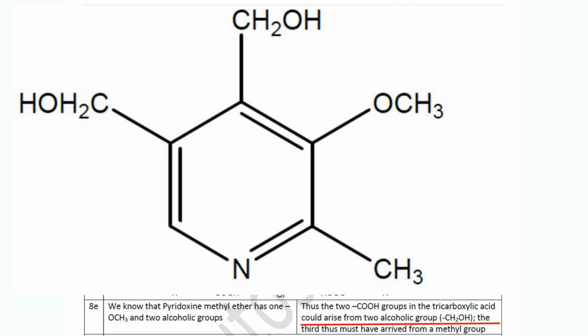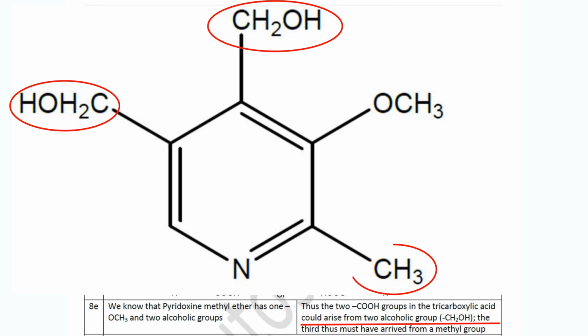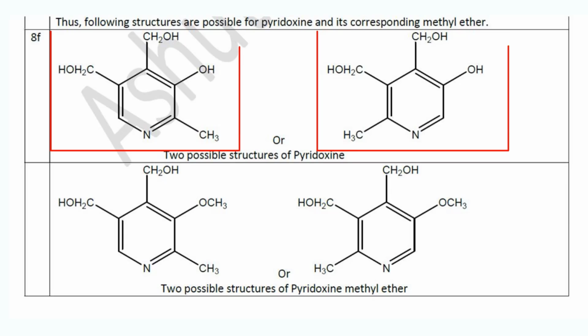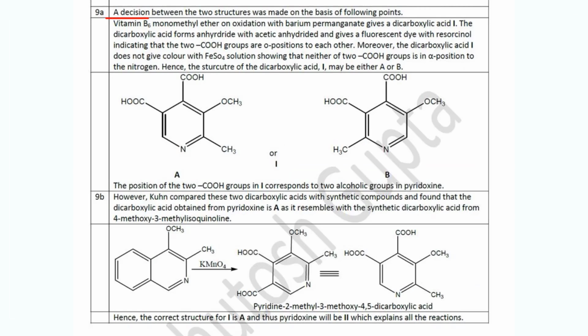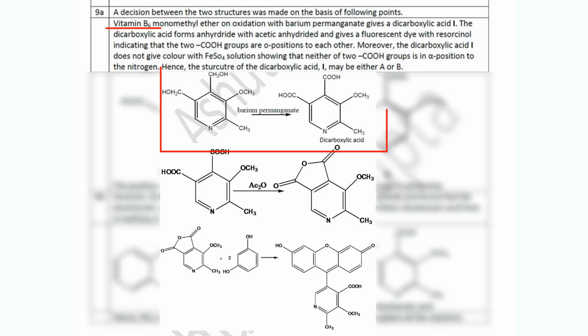The third must have arisen from a methyl group. The following structures are possible for pyridoxine and its corresponding methyl ether: 2 possible structures of pyridoxine methyl ether. A decision between the 2 structures was made on the basis of the following points.